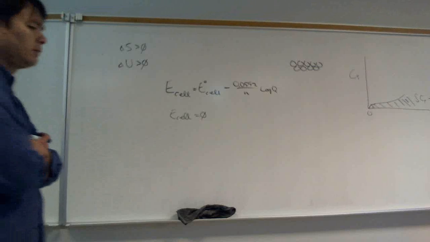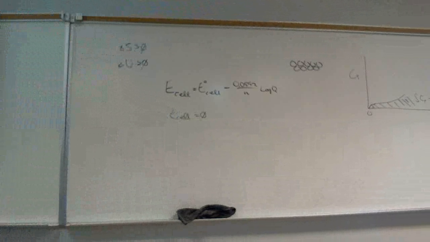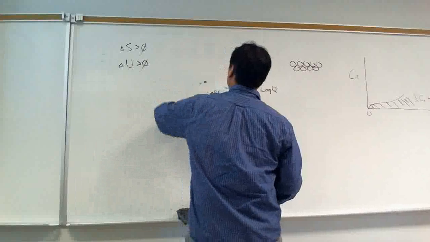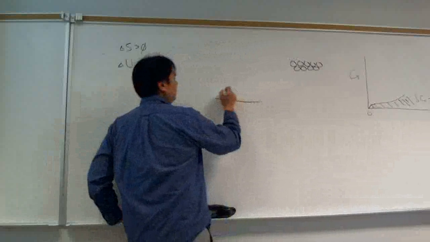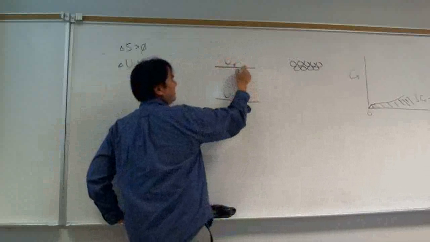No. Remember back in Chem 1A, whenever we're looking at a delta U or delta H, the initial temperature and the final temperature are the same thing. And so if delta U is greater than 0, that just means that U initial is down here, U final is up here. So we have a delta U here.